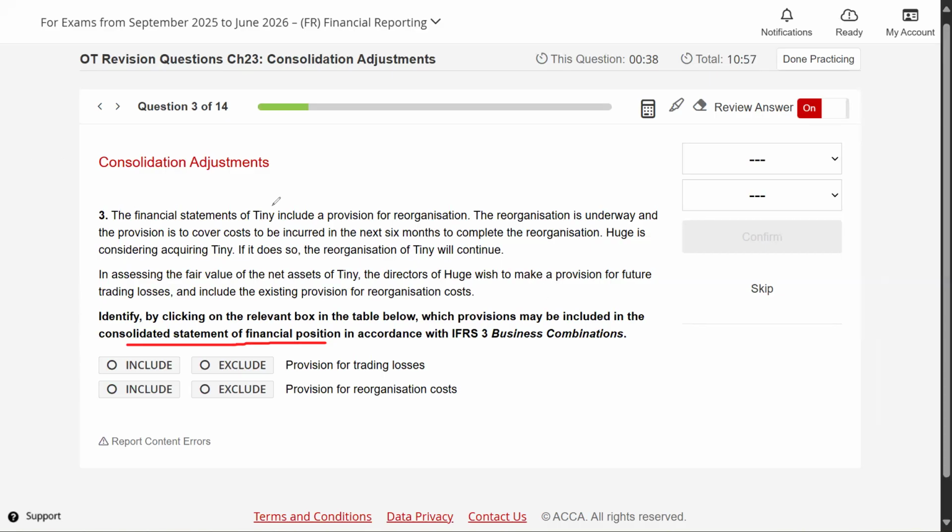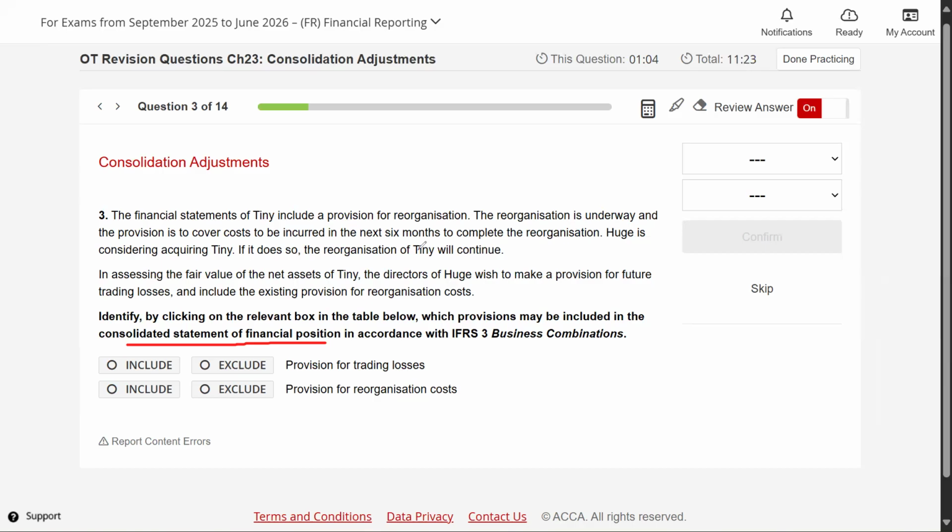The financial statements of Tiny include a provision for reorganization. The reorganization is underway, and the provision is to cover the costs to be incurred in the next 6 months to complete the reorganization. Huge is considering acquiring Tiny. If it does so, the reorganization of Tiny will continue. Now, this is something which is already going on.